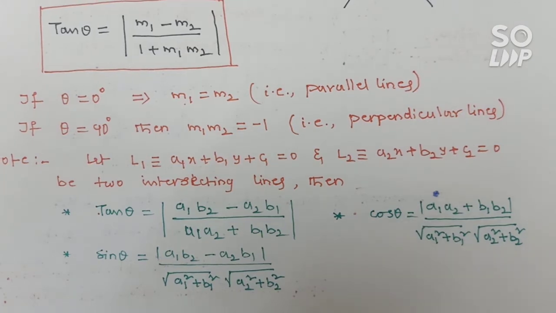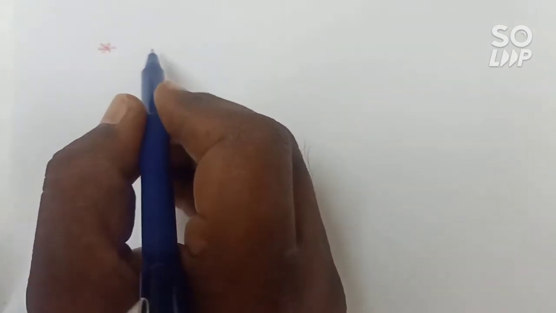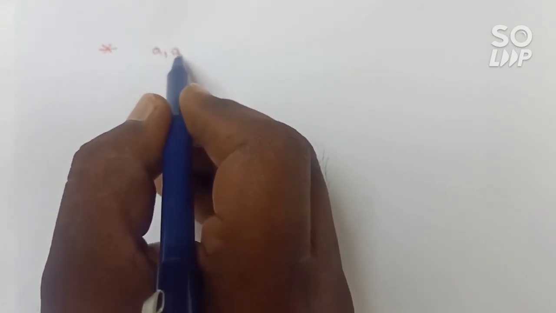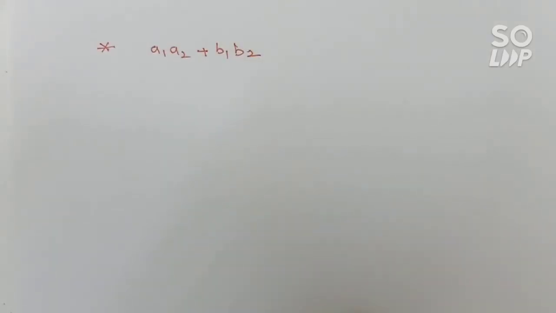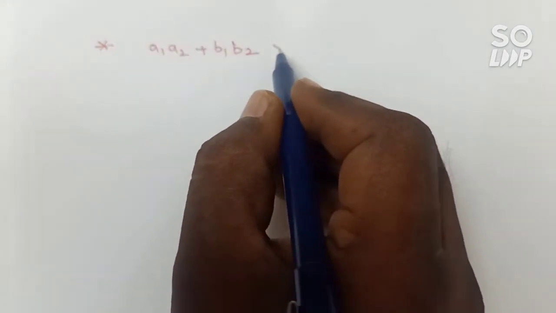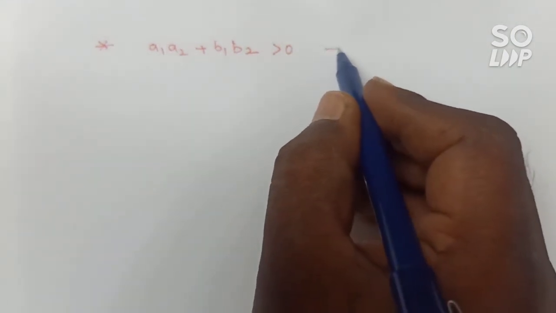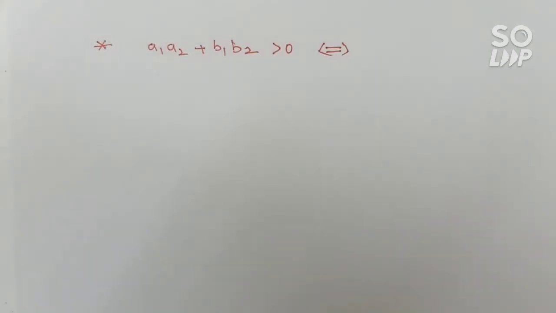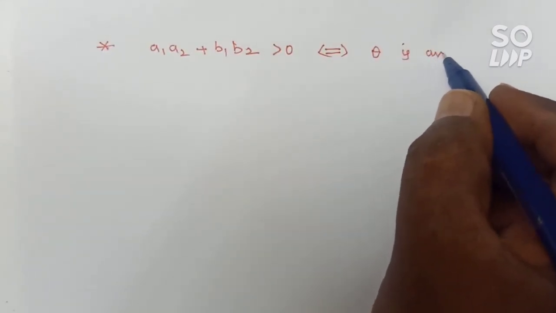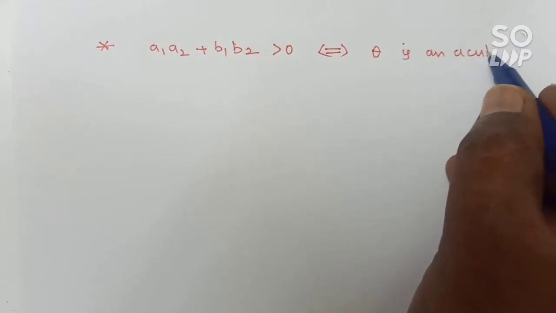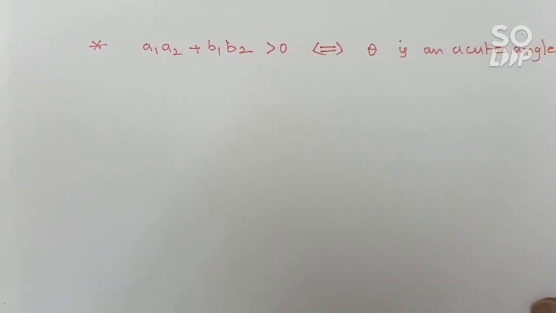Okay, now you see all these points. Here, a1 into a2 plus b1 into b2 is positive, positive means greater than 0, if and only if theta is an acute angle. Right?